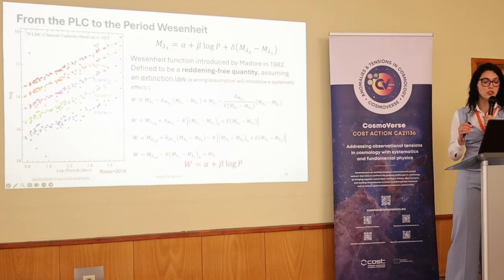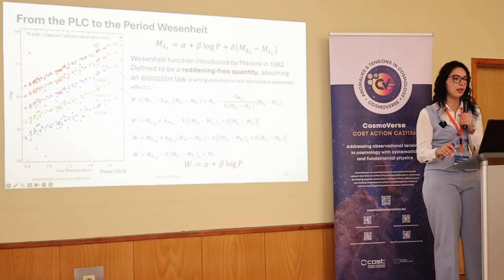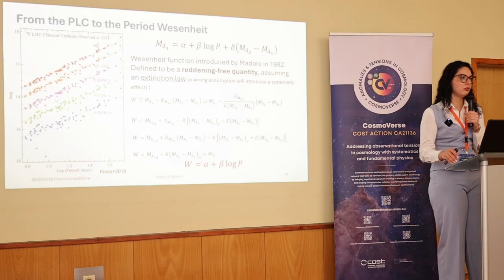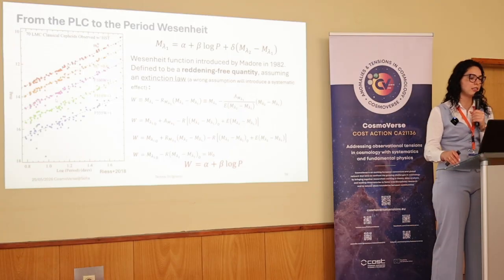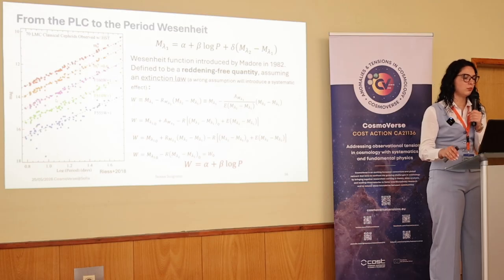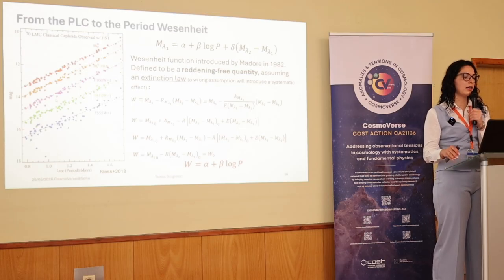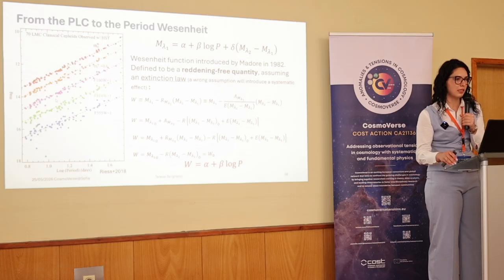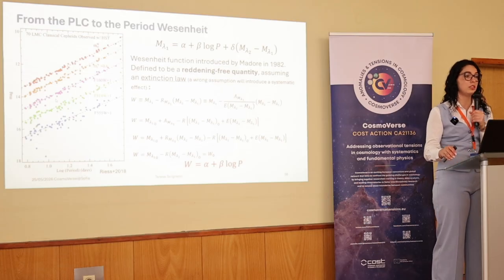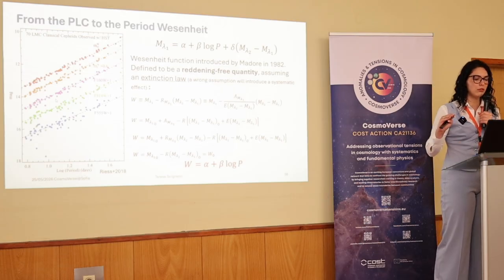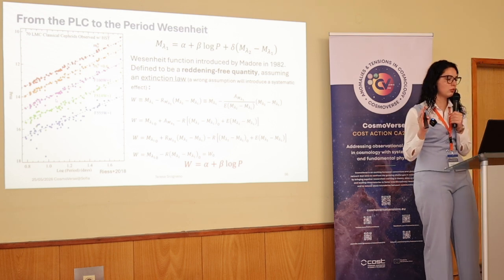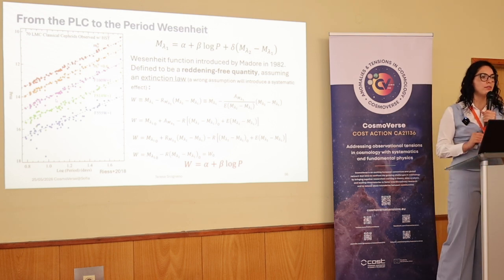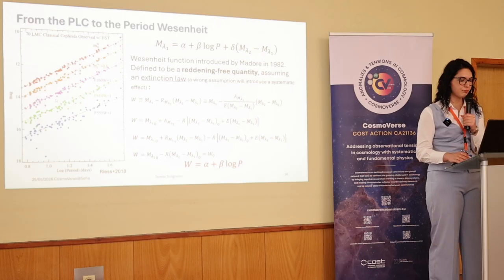It's for this reason that nowadays, in whatever distance ladder we use with pulsating stars, we are using period Wesenheit relations and not period luminosity relations, because we found a shortcut to have better dispersion.